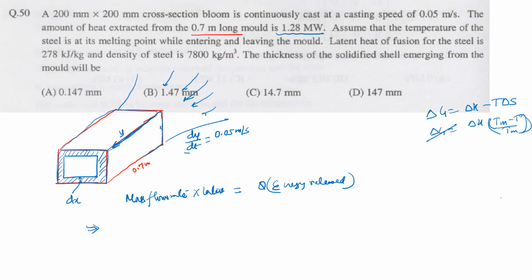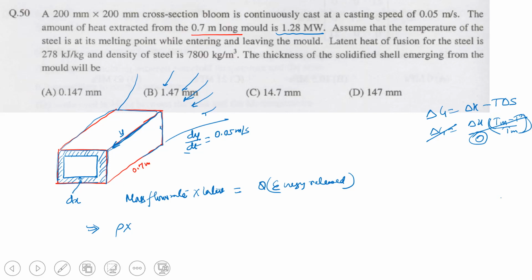Okay, so the free energy change here is 0, right? So whatever energy is getting released is in the form of latent heat only. Okay, so mass flow rate, we will multiply with density and take the volume.